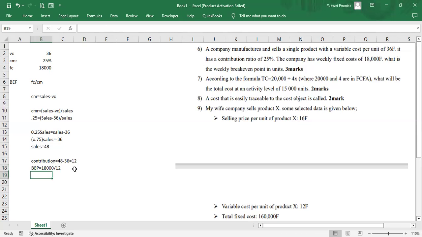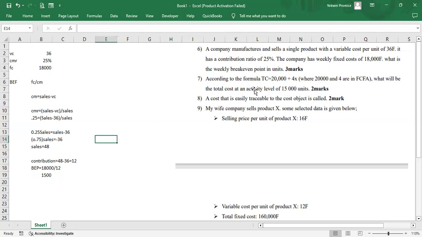What will be the answer? The answer is 1,500 units. Yes, sir. Right. So this is our BEP. This is what we are asked to calculate just for 3 months. So this is a challenge with data response. You have to have a good mastery.